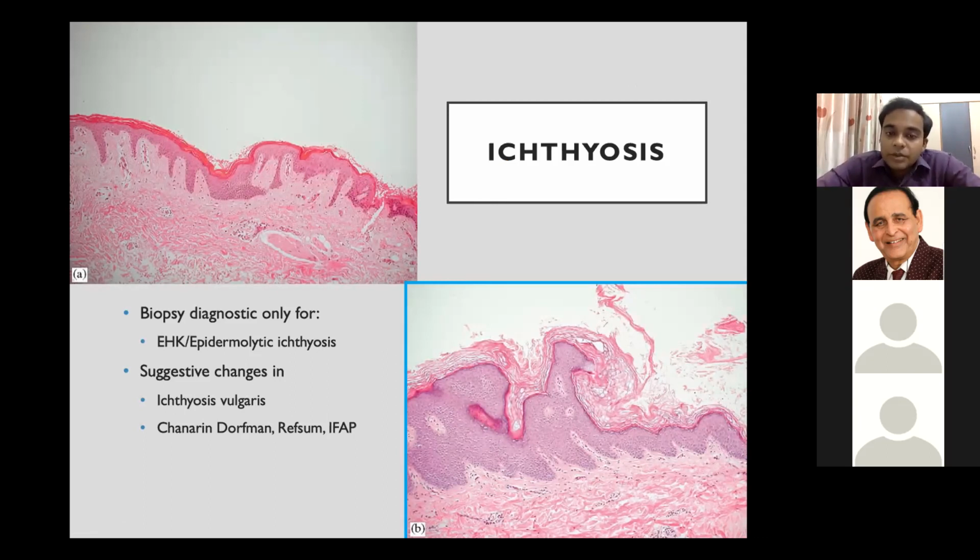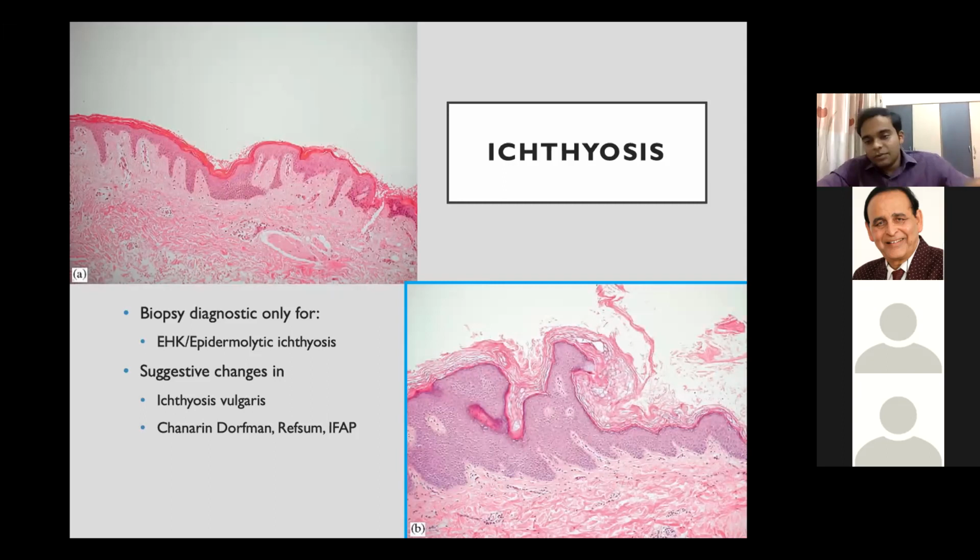But as soon as you do histology, as soon as you do skin biopsy, you won't see much. So ichthyosis is one of those conditions wherein I would say histopathology is not recommended, barring one or two differentials. Like epidermolytic ichthyosis, wherein you will see epidermolysis or vacuolization of the keratinocytes.